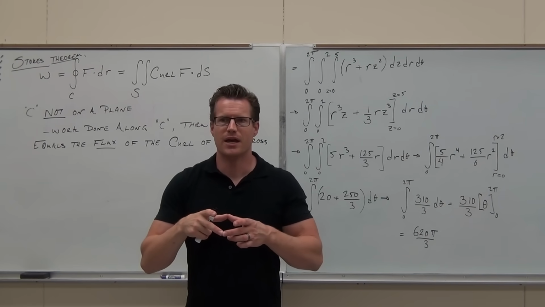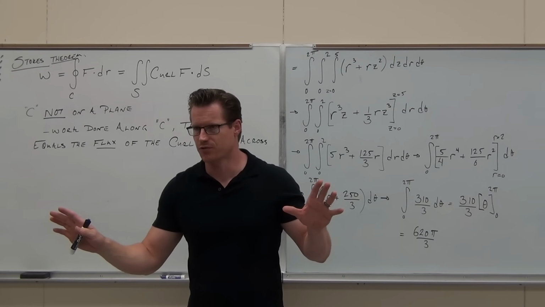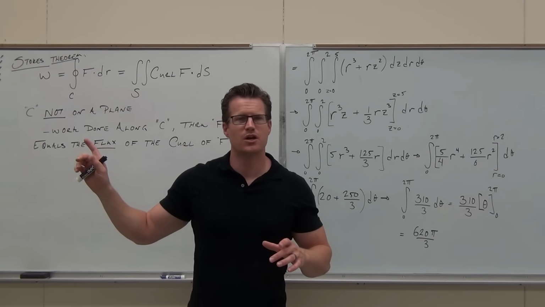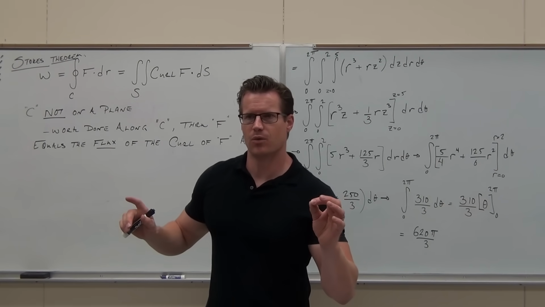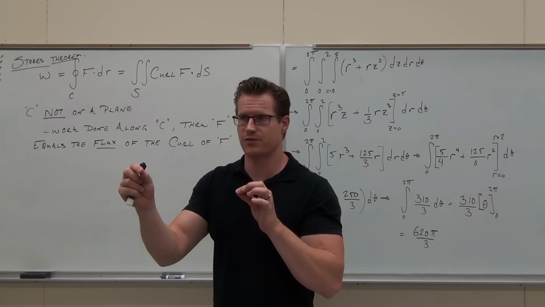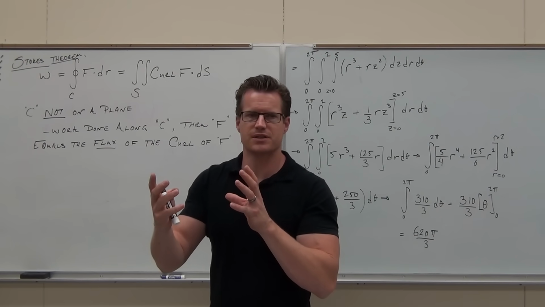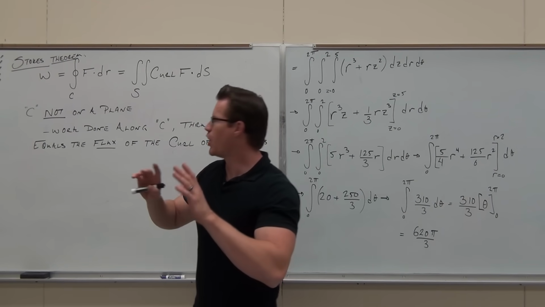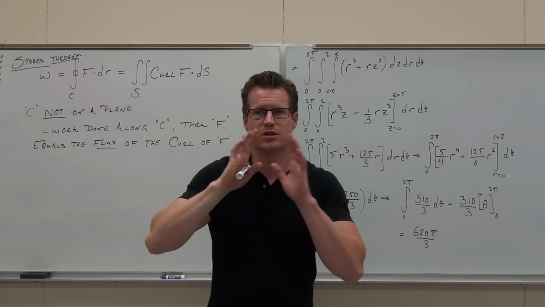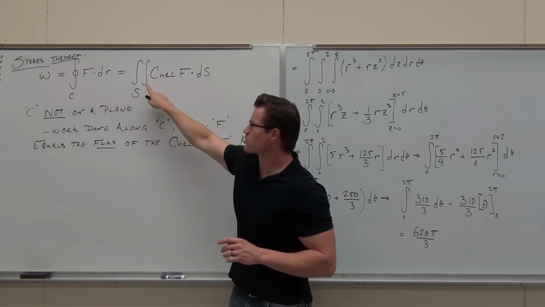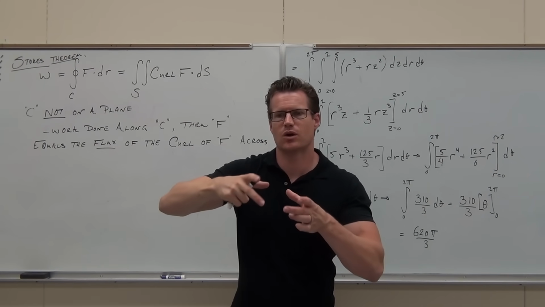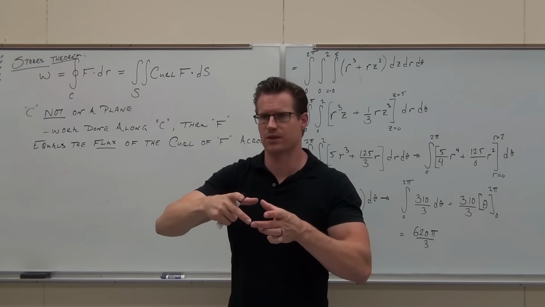Not only that, it deals with any surface where this curve is the boundary. Stokes' theorem is very impressive. Do you remember that whole independence of path thing? Where you're like, hey, you can go along any curve, it gives you the same work done. Do you remember that? Through conservative vector fields? This is similar. It's not the same thing, but it's similar. It says that as long as this curve is a simple closed curve in 3D, you can do a flux integral, a surface integral of a vector field, for any surface that has that curve as its boundary, and it will calculate the correct flux for you.